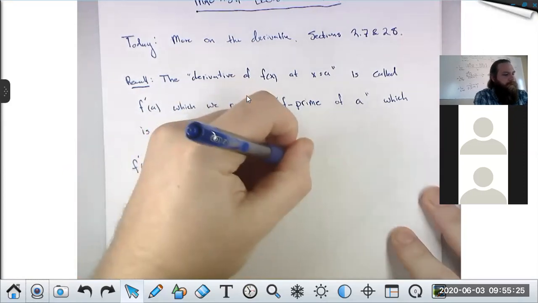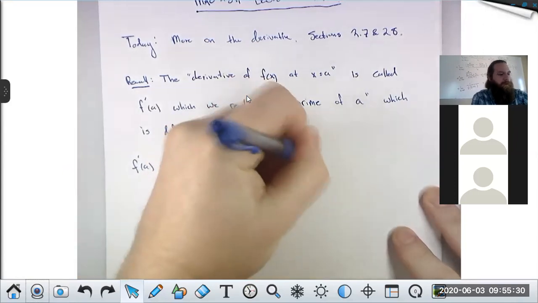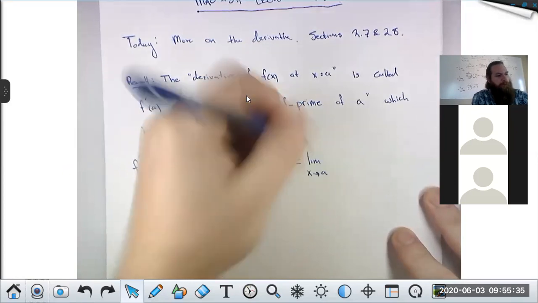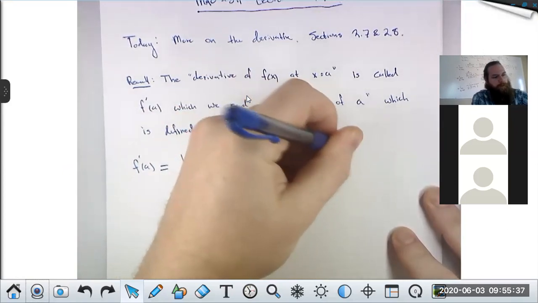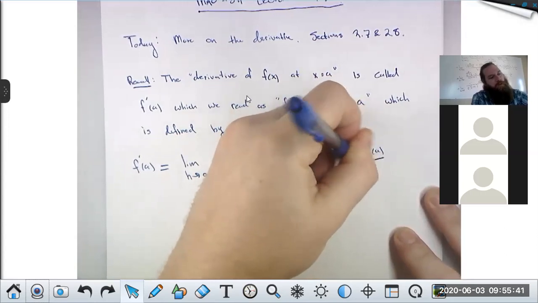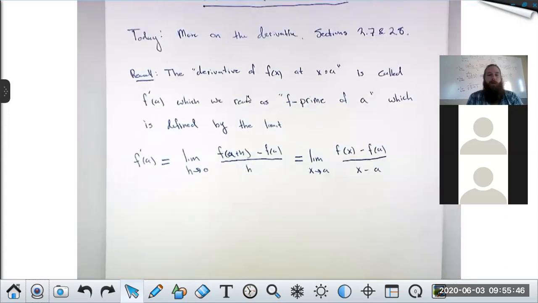So here's the alternate definition of the derivative. The limit on the far right is literally the same thing as the limit on the left. It's just 2 different ways of writing it. So both of these are slopes, right?